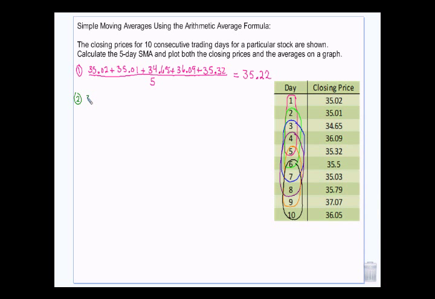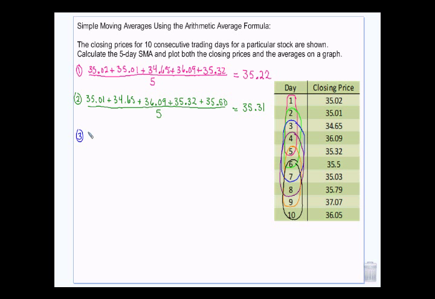So now I'm going to take the next 5 days. So what I've done is I've just shifted 1 day over. I divide by 5, and this one's going to give me 35.31. Okay.